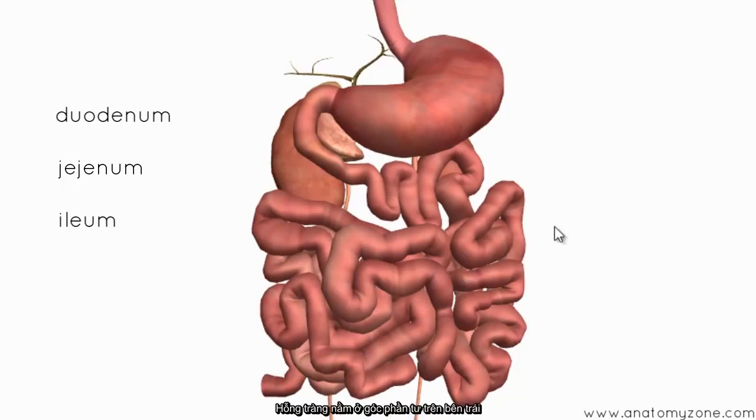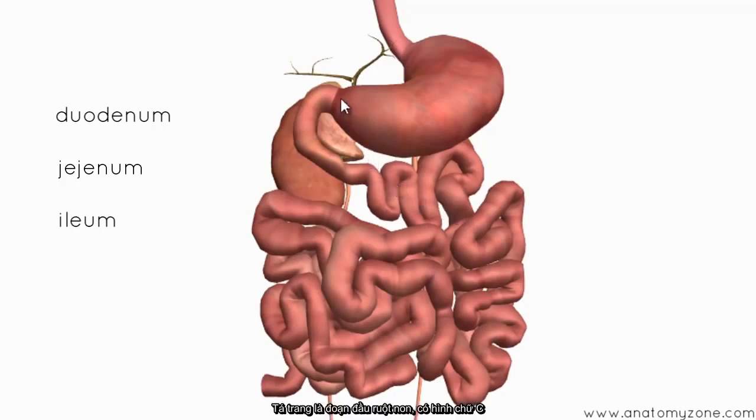So the jejunum roughly lies in the left upper quadrant, and the ileum roughly lies in the right lower quadrant, and it makes up the distal 3/5, whereas the jejunum makes up the proximal 2/5.